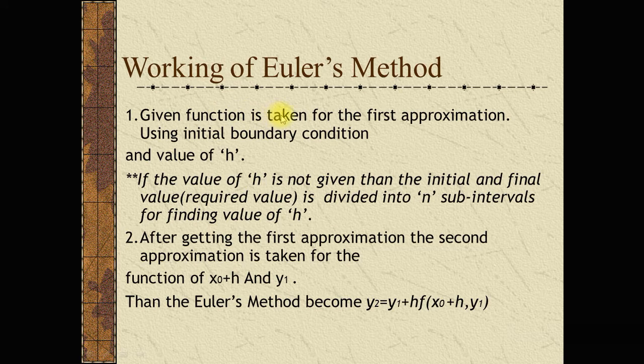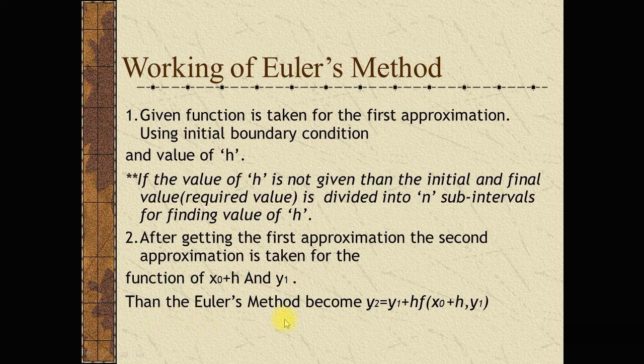The given function is taken for the first approximation using the initial boundary condition and the value of h. If the value of h is not given, then the interval from the initial value to the final required value is divided into n subintervals to find the value of h. After getting the first approximation, the second approximation is taken for the function at x0 plus h and y1.